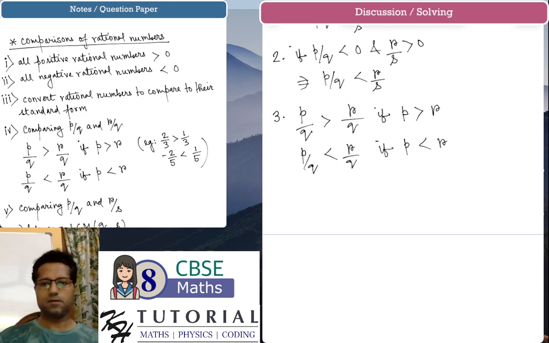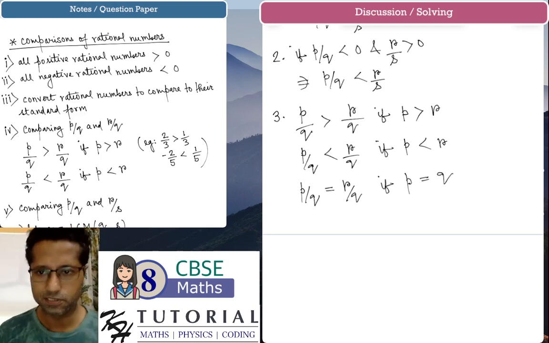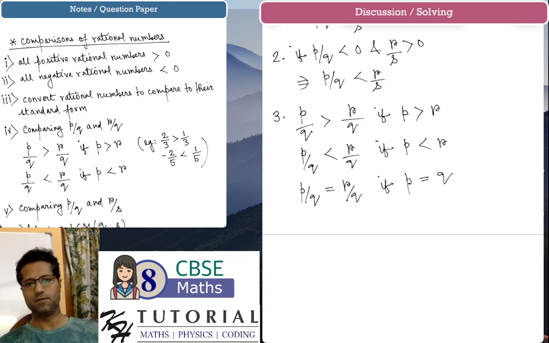And of course p by q will be equal to r by q if both the numerators are equal. So this is the case where both the rational numbers are already in standard form and have the same denominator, that is q.